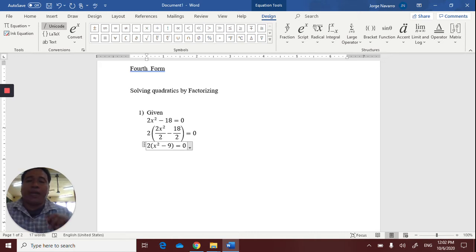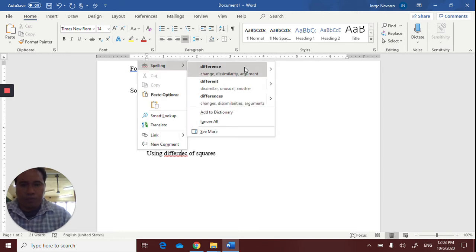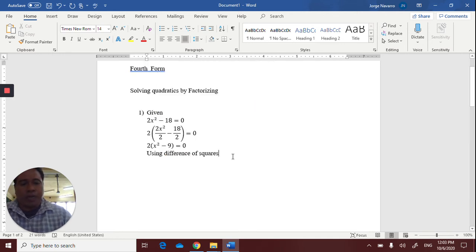Now notice that x squared minus 9 is what we call a difference of squares. So using the difference of squares, we're going to break up that x squared minus 9.